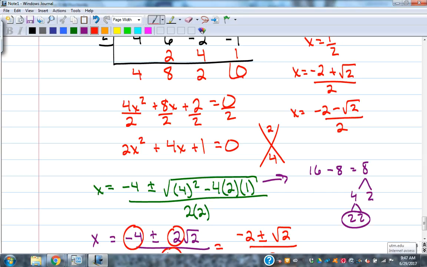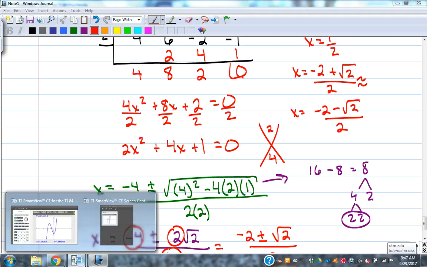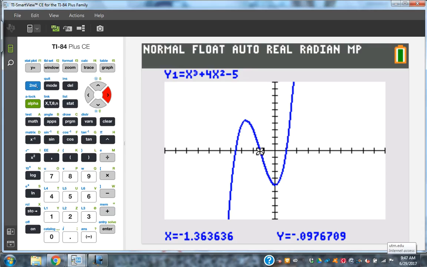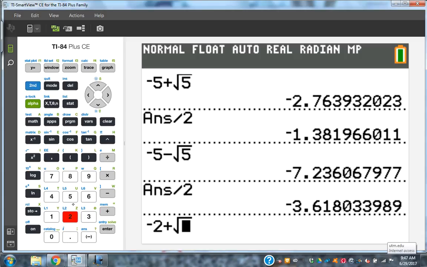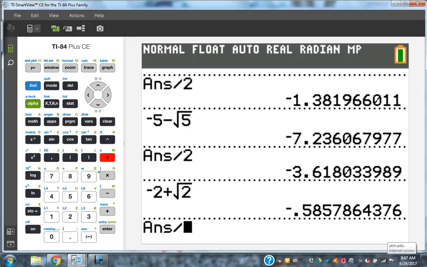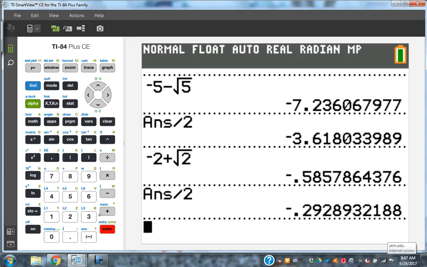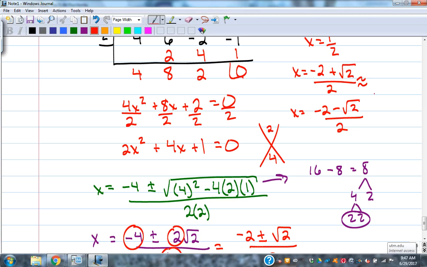I'm going to get the decimal equivalents for that, so that when I look at the graph, I can see, hey, that is where they're crossing. The numbers look weird because they're in exact form, but when we put them in decimal form, they don't look quite as weird. So we got negative 2 plus the square root of 2, divided by 2: negative 0.29.